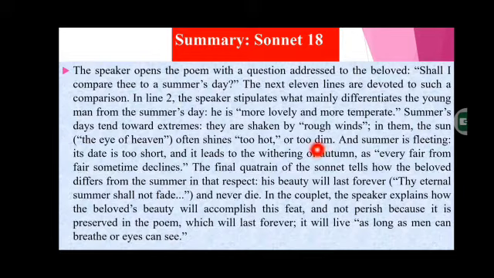When the poet talks about the eye of heaven, he is referring to the sun, that sometimes it's too hot and unbearable. We cannot tolerate this sun, and sometimes it is too dim. So there are 2 extremes of the sun.